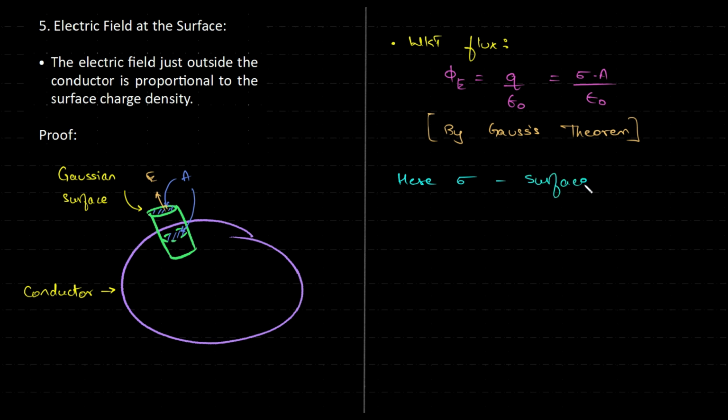I think it is supposed to be sigma. Yeah, sigma. This is sigma, the surface charge density, and A is area, the area of the top.